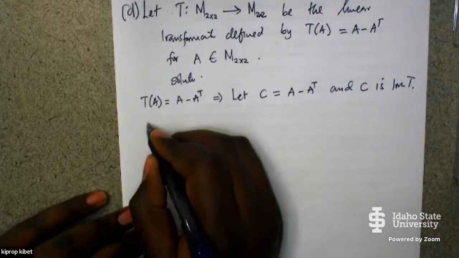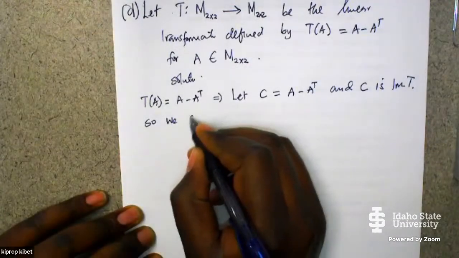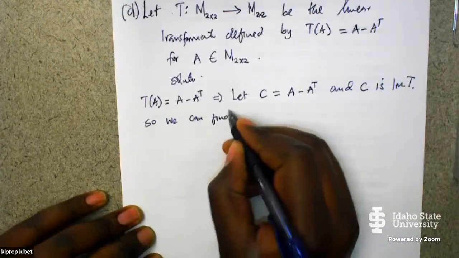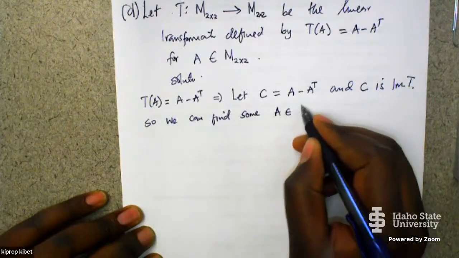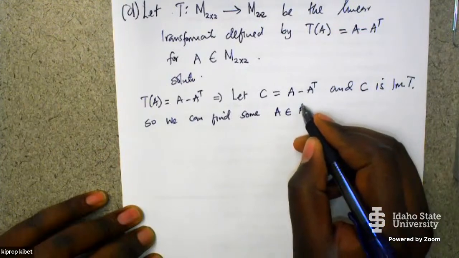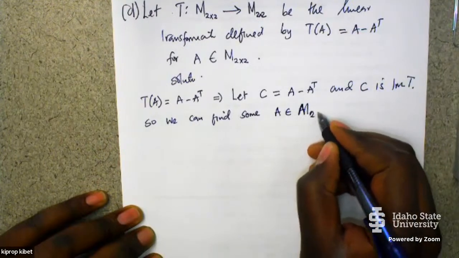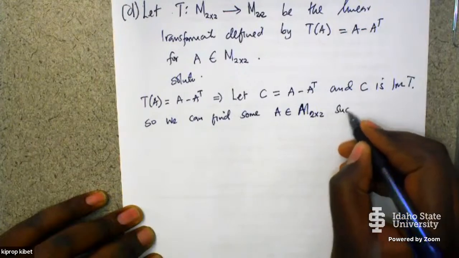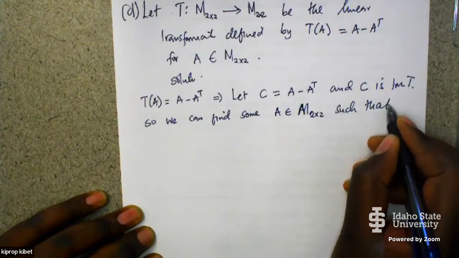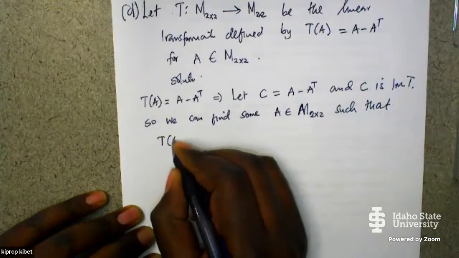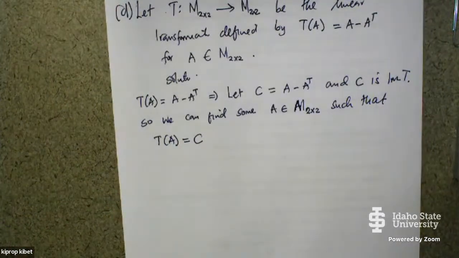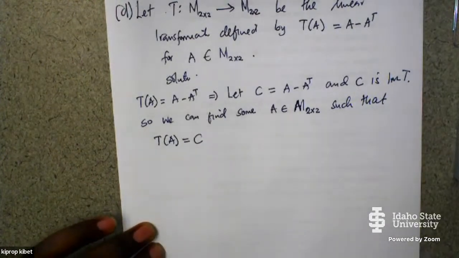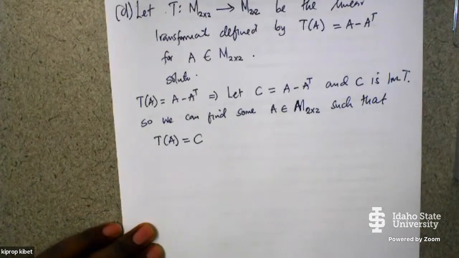So we can find some A, which is in M 2 by 2, such that T of A equals what? Equals C, since we have let C be A minus A transpose.